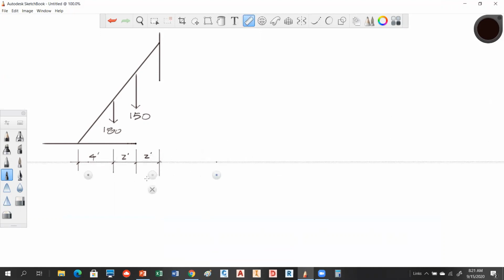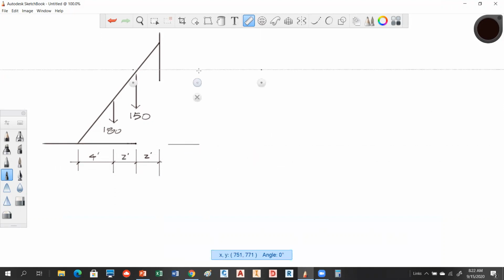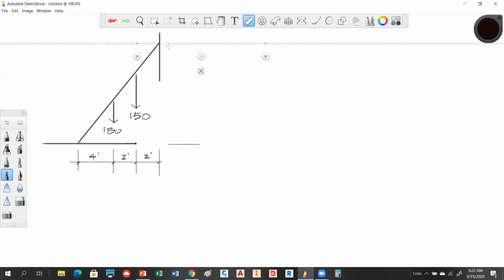So from the floor to where the top of that ladder is, it's going to be 10 feet. The hardest part of some of these problems is drawing it. 10 feet. Okay, so there's my ladder.